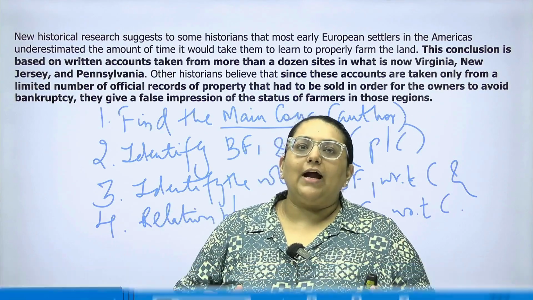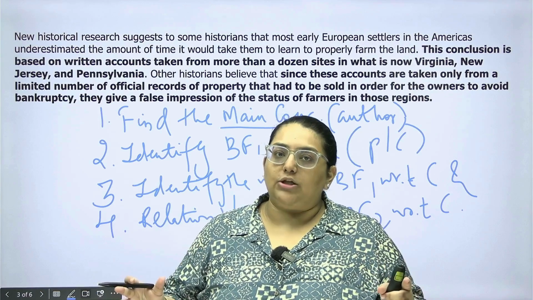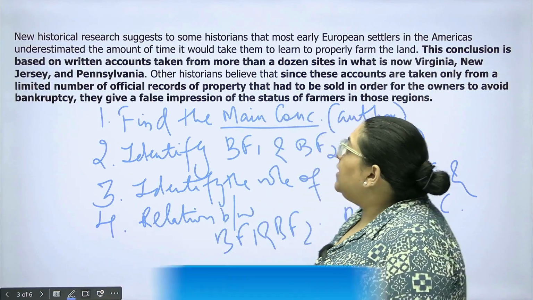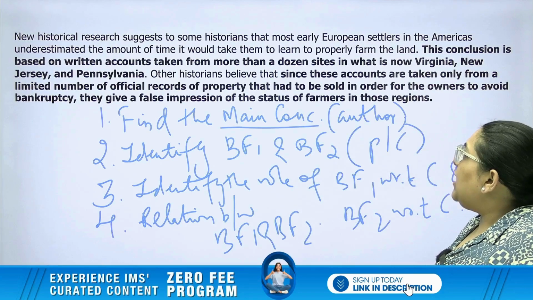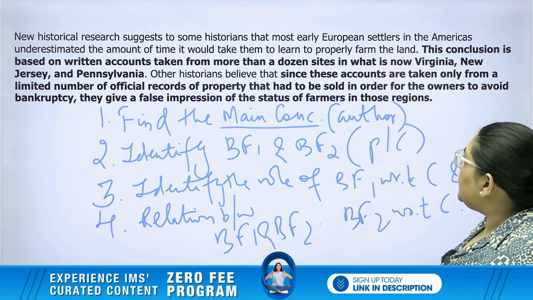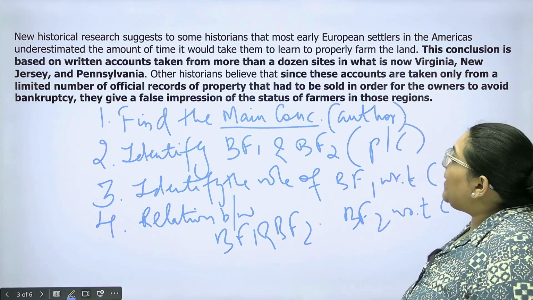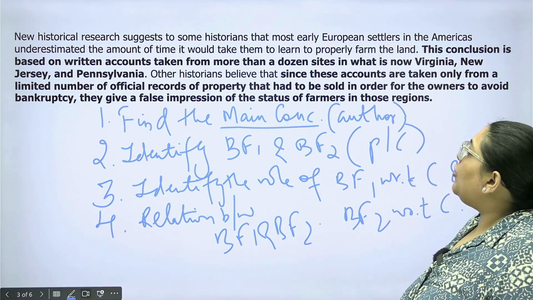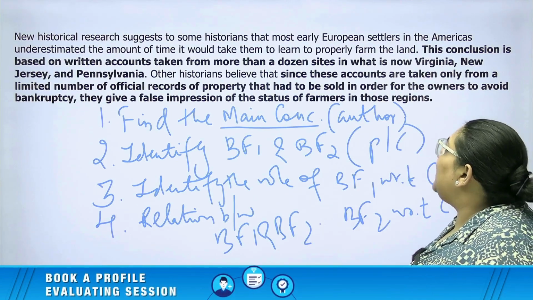Now, let's have a look at this argument and see what is the role of each of the individual portions in bold. The argument says, new historical research suggests to some historians that most early European settlers in the Americas underestimated the amount of time it would take them to learn to properly farm the land.